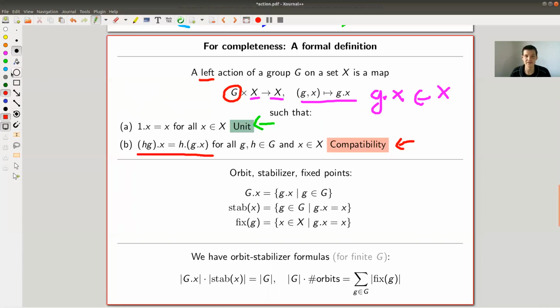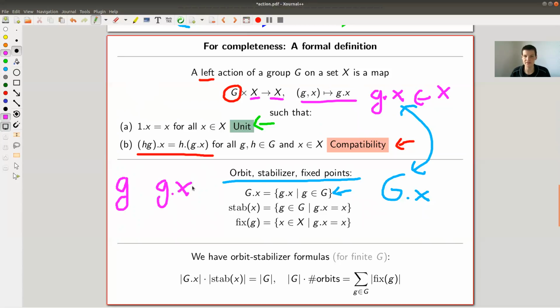Then you just write down exactly what I said: the orbit, stabilizer, and fixed point. The orbit is usually denoted by G times x, following this notation, but now with capital G. So you apply all your small g and just collect what comes up. The stabilizer is all g for which g dot x equals x. So everything that stabilizes x, that's the stabilizer.